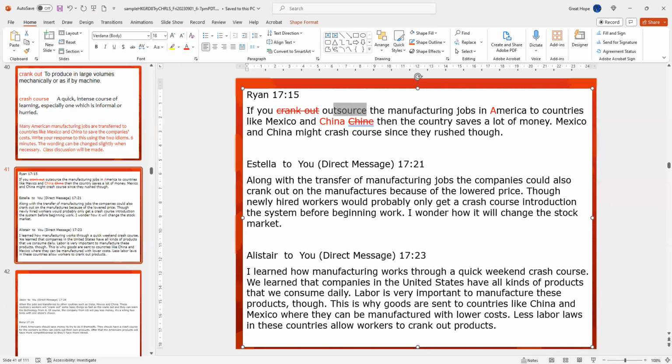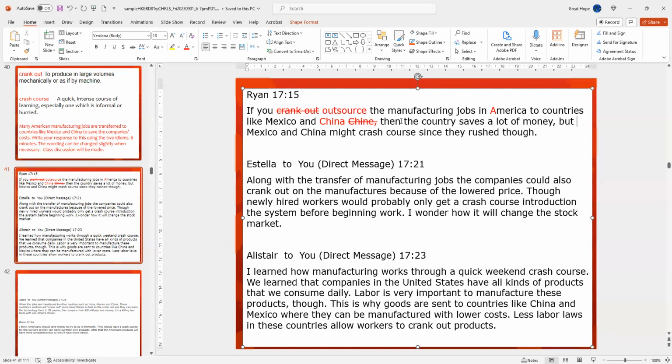Simple word. If you outsource the manufacturing jobs in America to countries like Mexico and China, and then we should have a comma here. Then the country saves a lot of money. But you should put a but, all right?